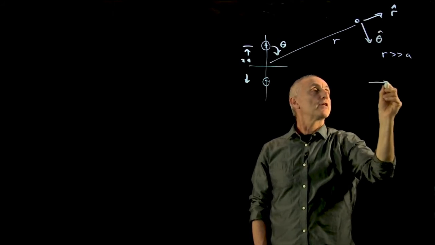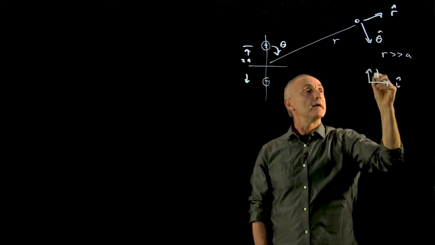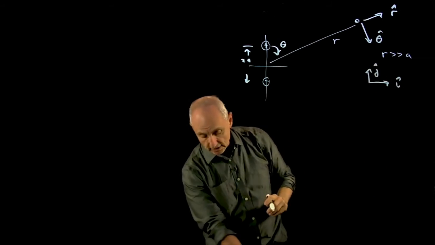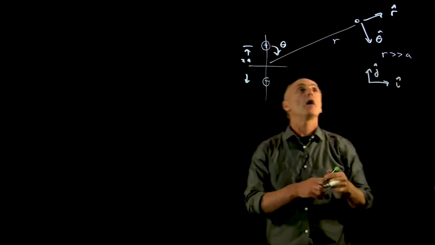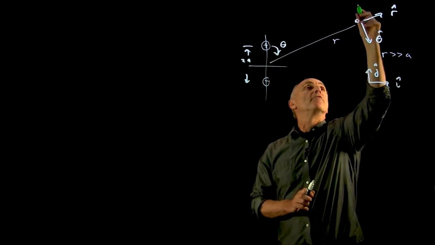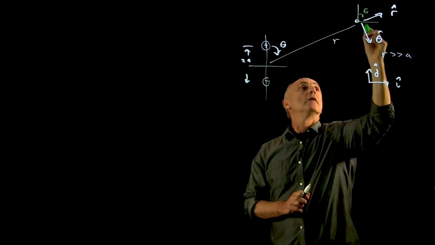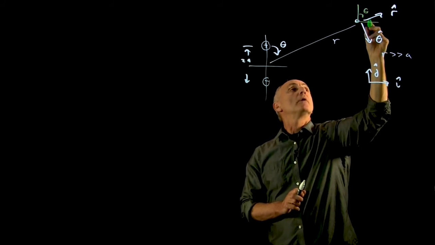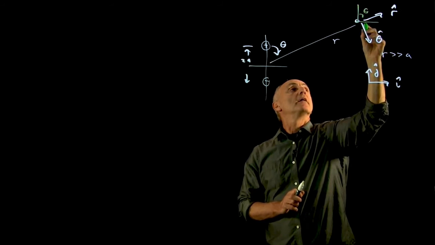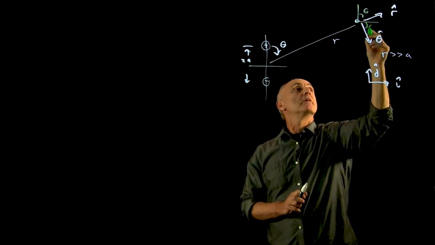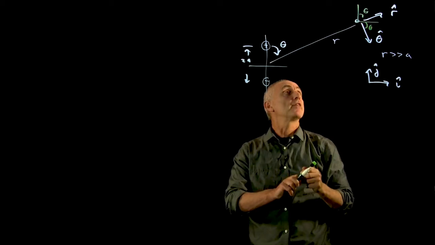We've been expressing everything in terms of i hat and j hat, and so we have to be a little bit careful about some vector analysis here. This is the angle theta, and therefore, this is the angle theta.